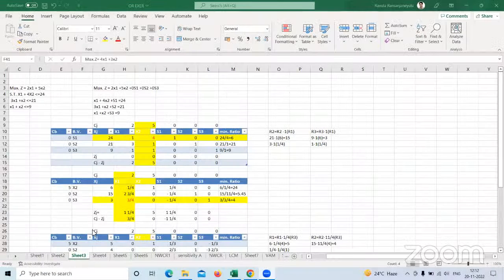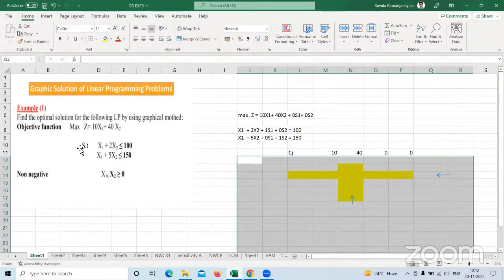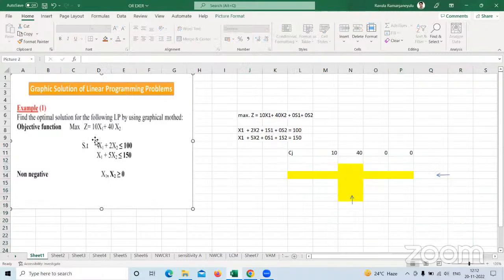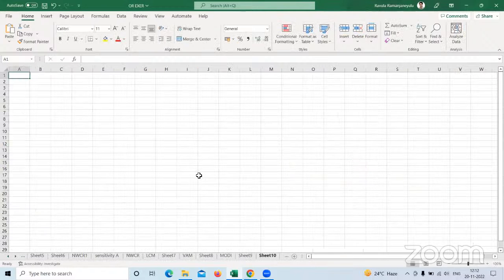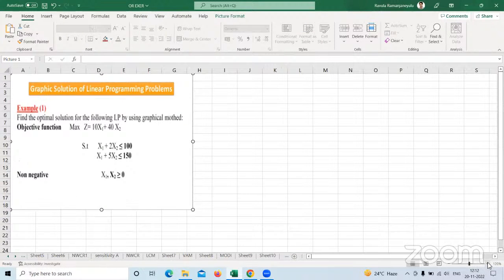I'm sharing the screen. This is the question which we can do with the graphical method as well as with the simplex method.